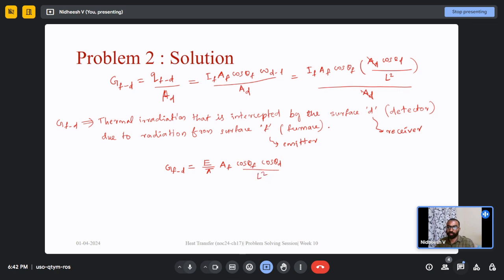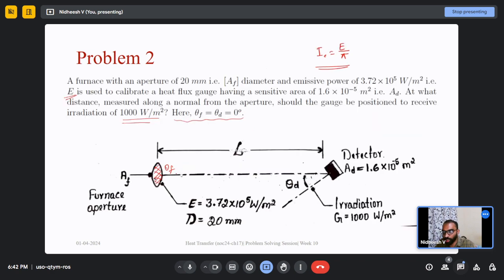Okay, now we can just substitute all values in this, because this irradiation is what we know actually. In the previous case, this is what we had to find out, but in this problem it is known to us that the surface should get an irradiation of 1000 watts per meter square. So to get this much irradiation, what should be the value of L?